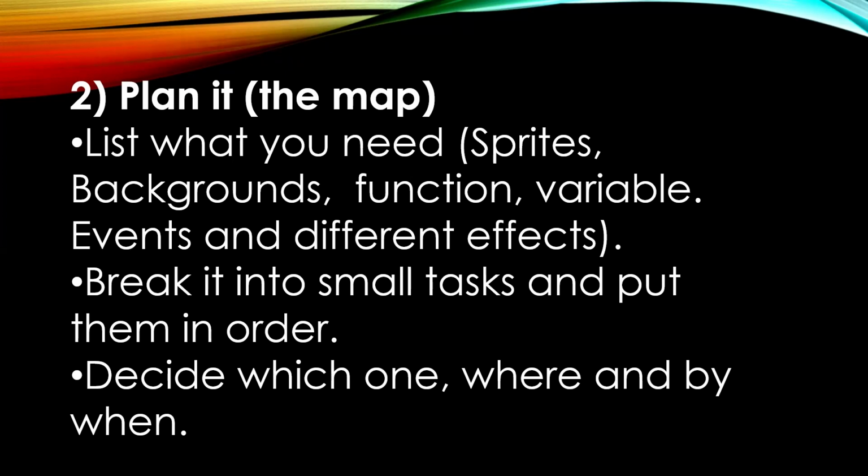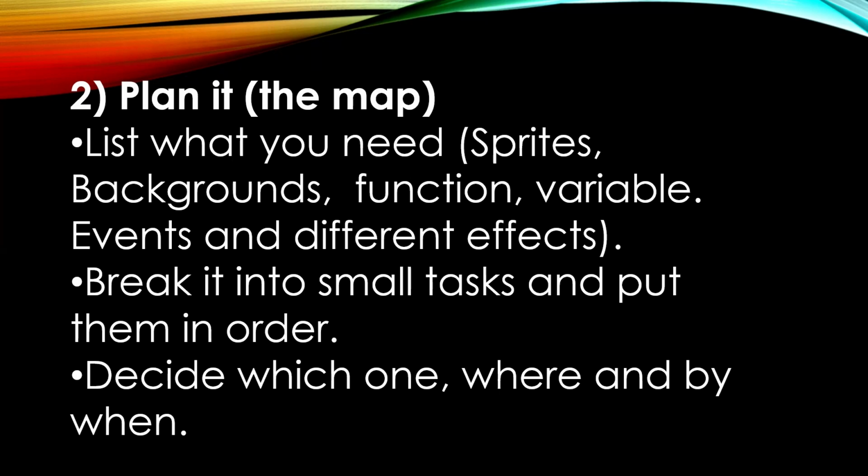After that, you should know what variables or functions you use. Variable for keeping the score and function for performing the same task again and again. And then you should decide what the events are. Events mean if the sprite collides, or if you click on any sprite, or after some time it appears.